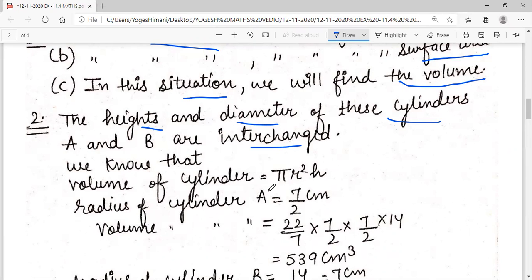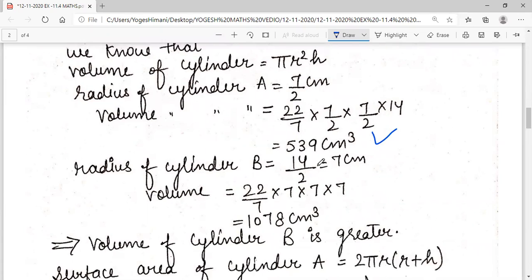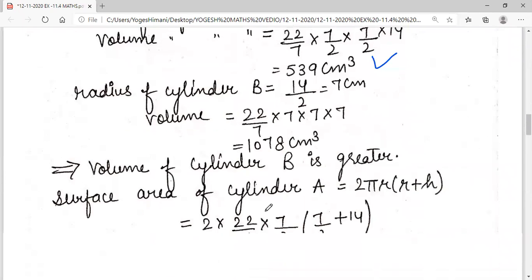The radius of cylinder A is 7 by 2 centimeter, and the volume is 539 centimeter cube. Next, cylinder B, radius will be 7, volume is pi r square h, which is 1078 centimeter cube. So the volume of cylinder B is greater.